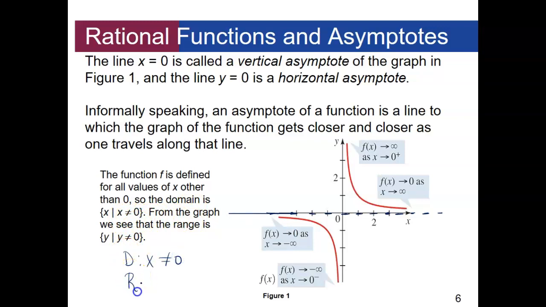If we're looking at the range here, we actually have a little gap in our graph across here where our horizontal asymptote is. So our range is going to be y is not 0, because remember, you go from the bottom to the top, and the only place that we exclude is this horizontal asymptote across here.